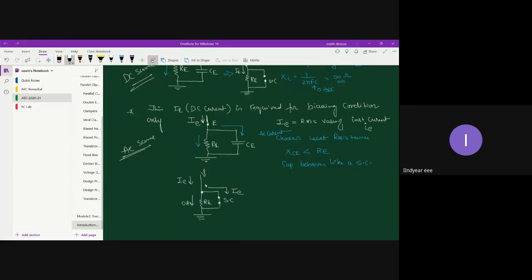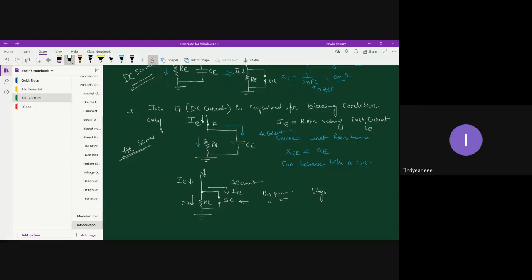So your AC emitter current gets bypassed through the capacitor branch. That's the reason it is called a bypass capacitor. The function of the bypass capacitor is to provide a bypass path for AC current. Since AC is flowing through the bypass path, the drop across RE becomes 0.